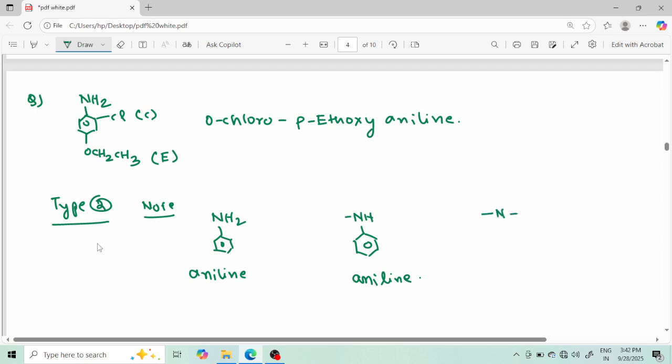Ignoring the R part, this is also aniline. And let's say that one nitrogen is there that does not have any hydrogen, and this is also aniline. Is that clear? Now why have I removed this hydrogen? Because on this spot alkyl will be bonded.